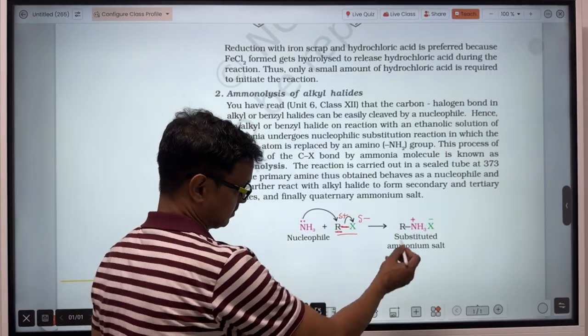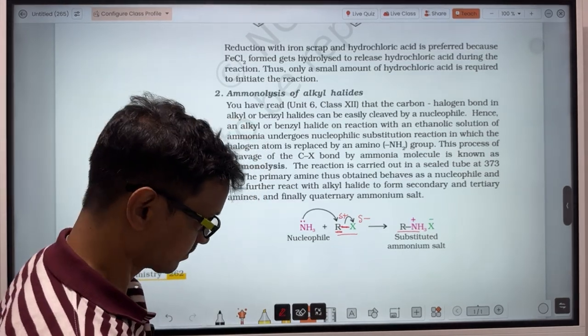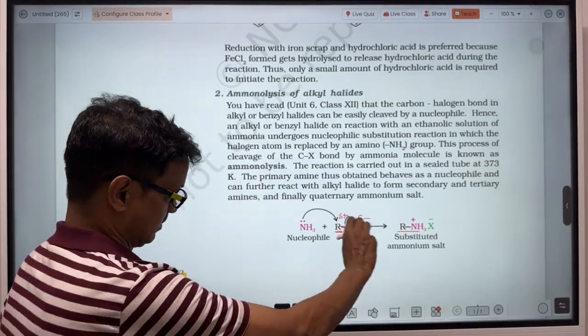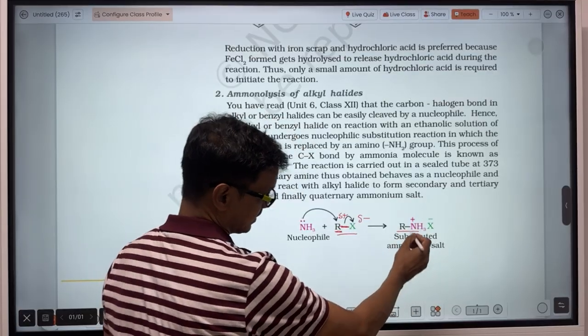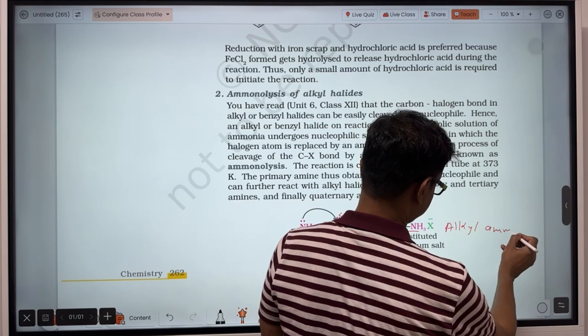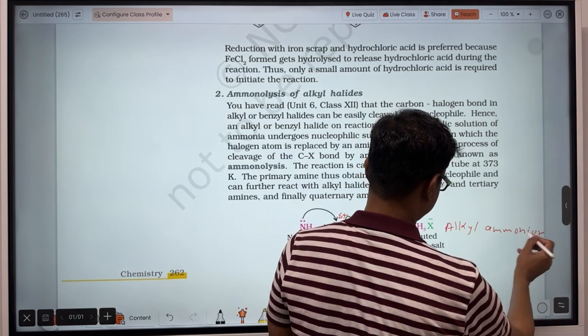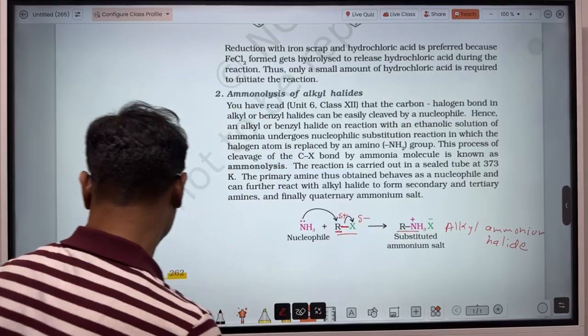This is RNH3+ and X-. Its name will be alkyl ammonium halide. That will form. Then after, what will happen?